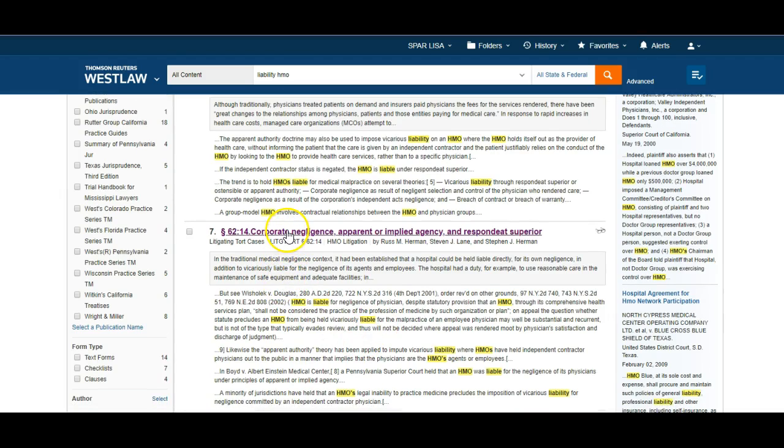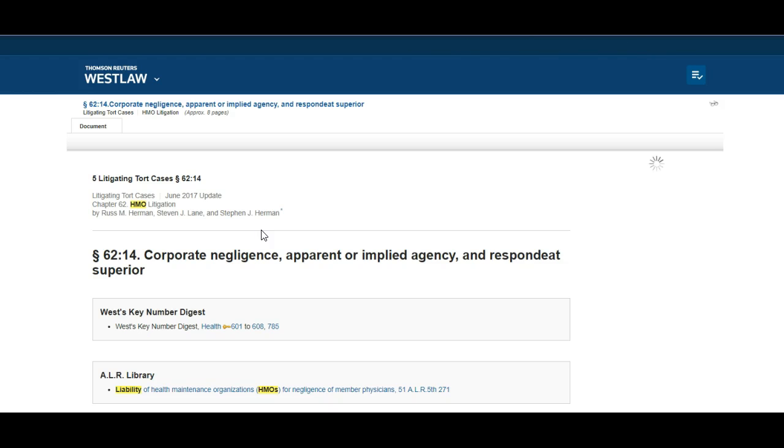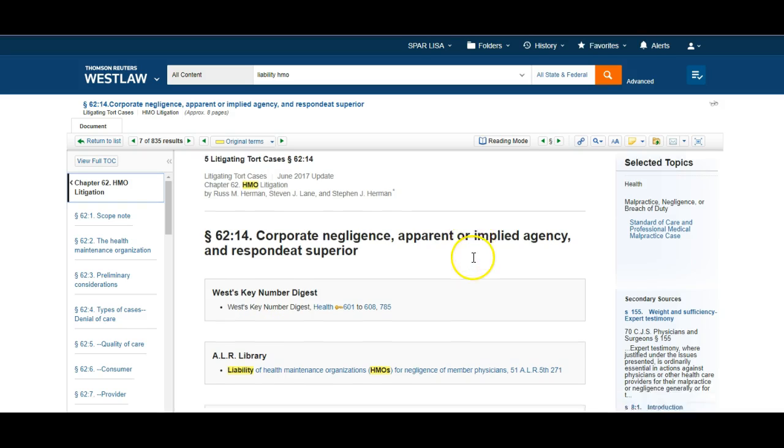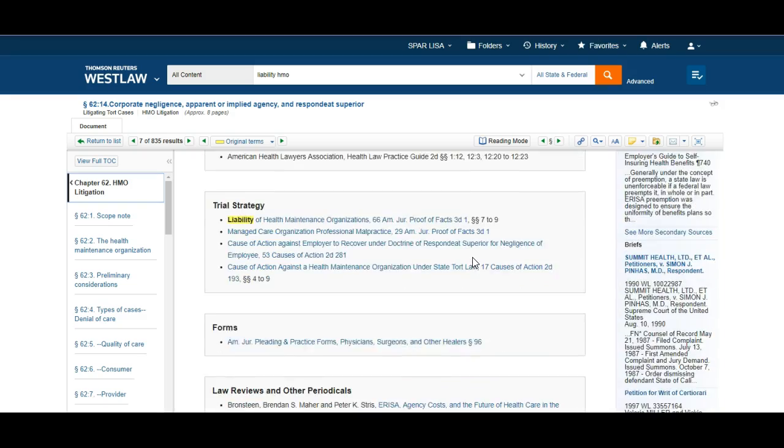So I think we actually might have even looked at this. Like this is litigating tort claims, or tort cases, excuse me. And this used to be a loose leaf that looked like that, and it may still be available in print, but now online as well.